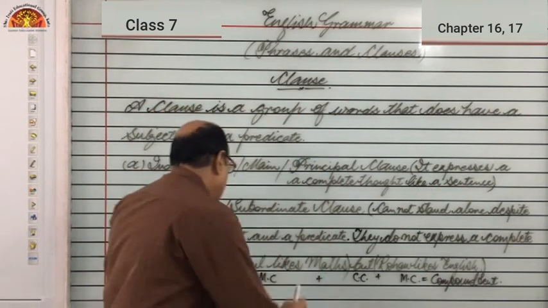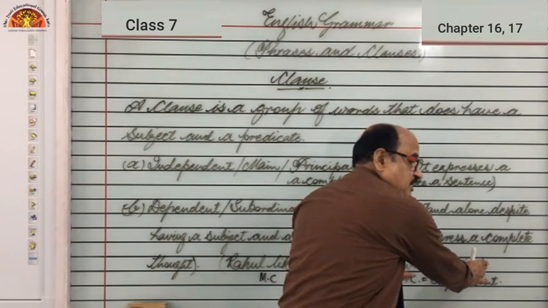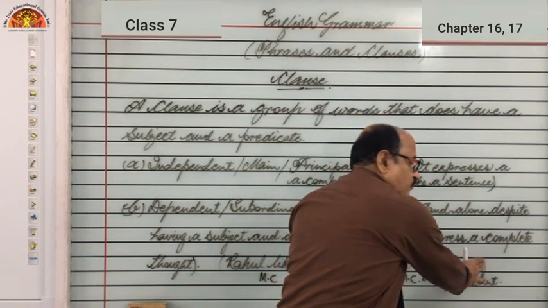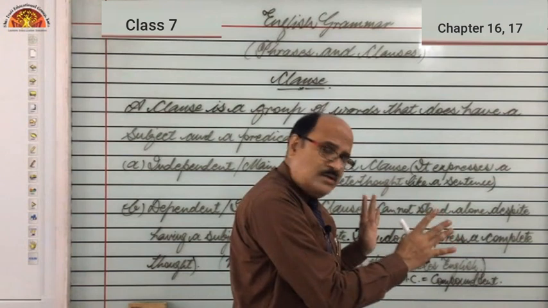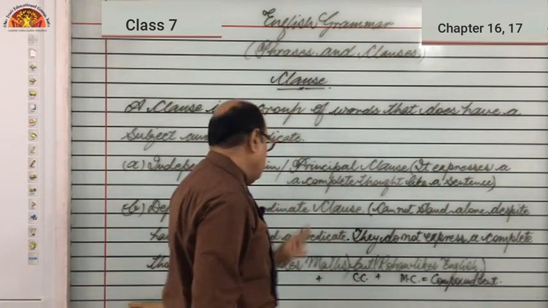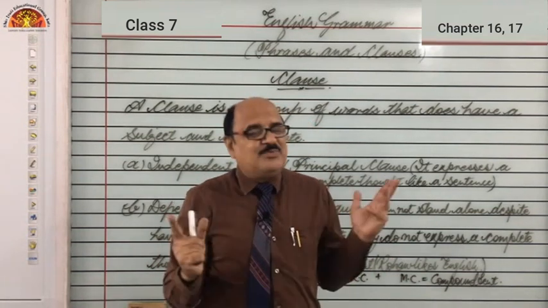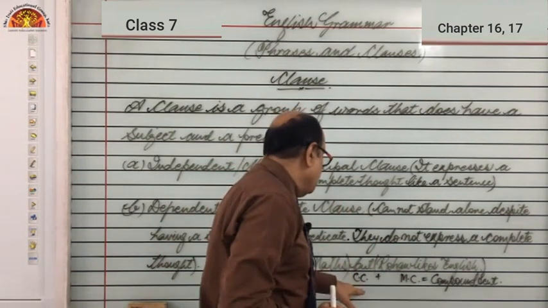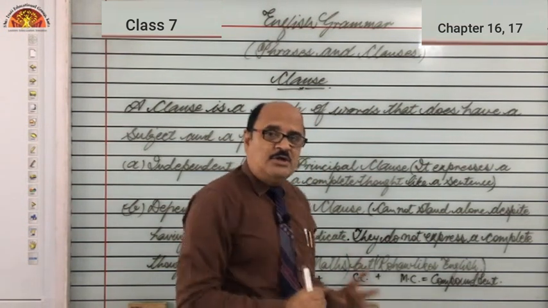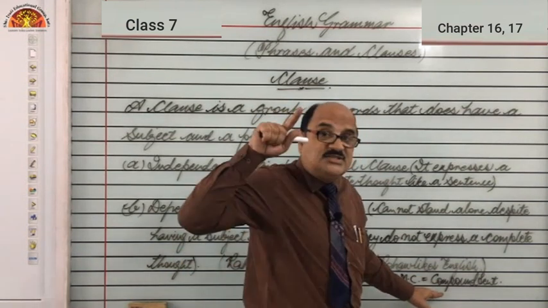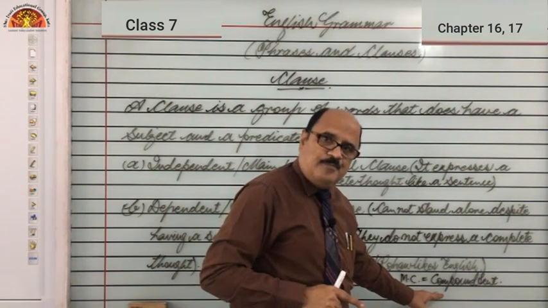What I told you earlier, this group of words was just like an independent sentence, right? So we can say these two are main clauses or independent clauses or principal clauses, and when they are joined together using a coordinating conjunction, they make a compound sentence. Make it clear, write it somewhere, this is very important, right?